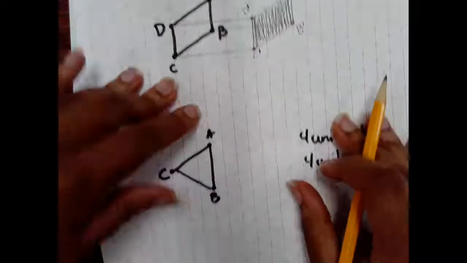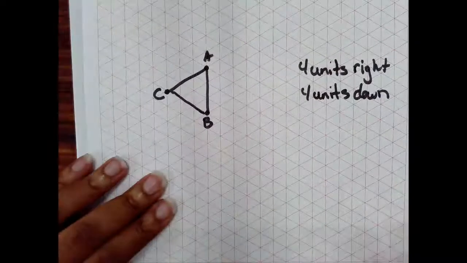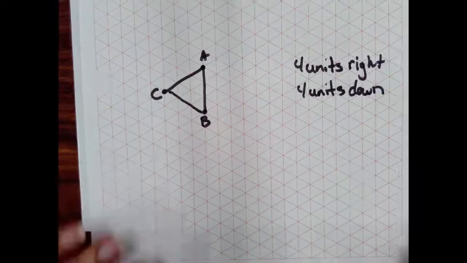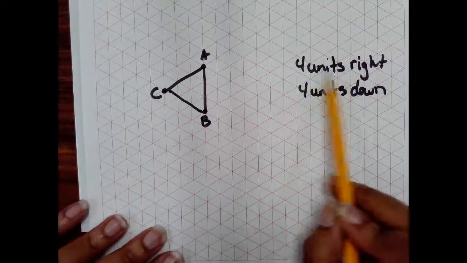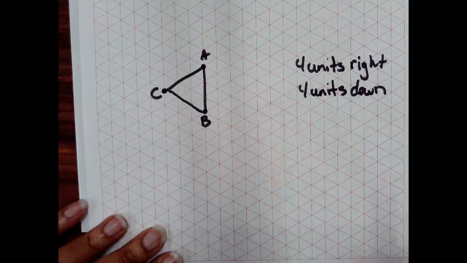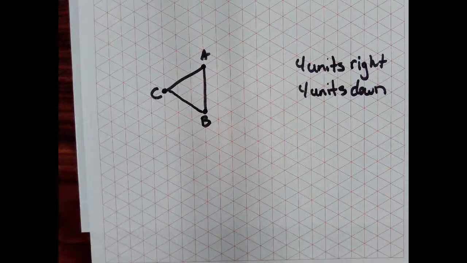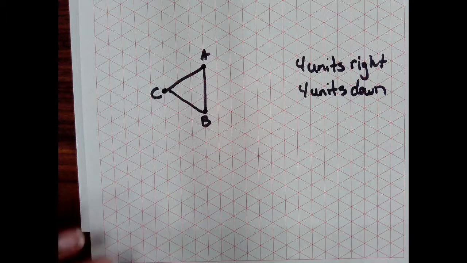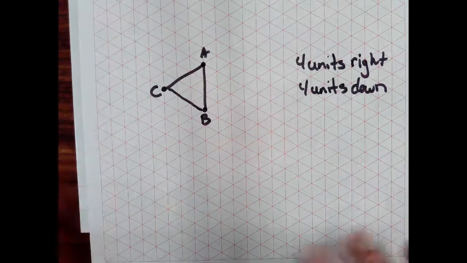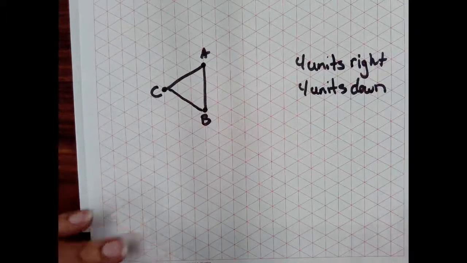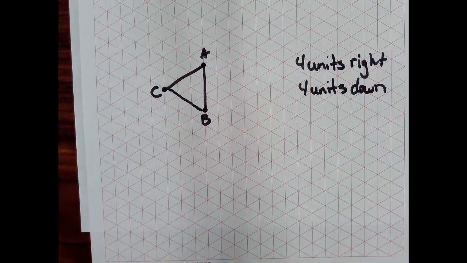All right. And for our last example for translations, if you're asked to move it certain units in certain directions, you would use that same concept of rectangular diagonals to help you translate or move the figure to its new location.